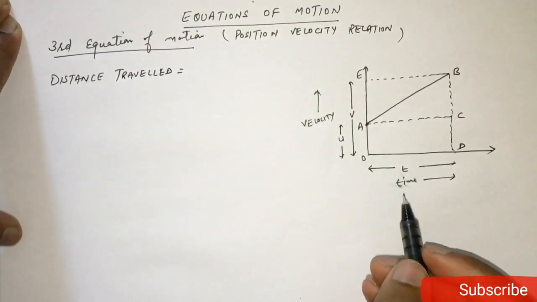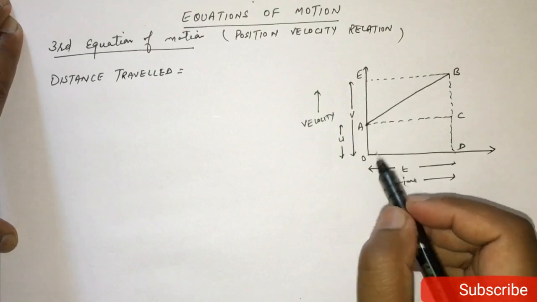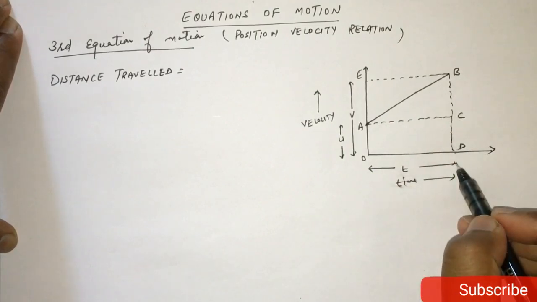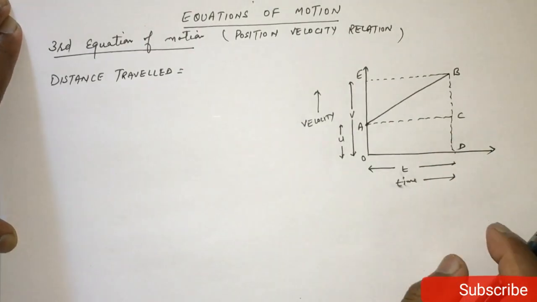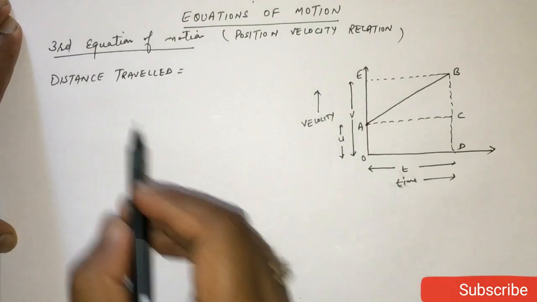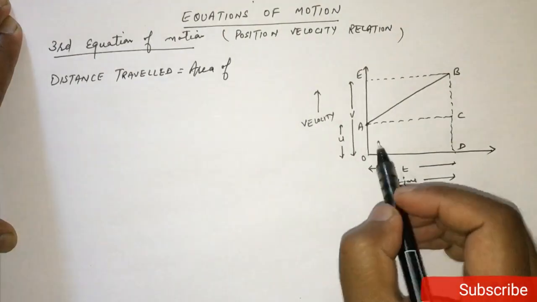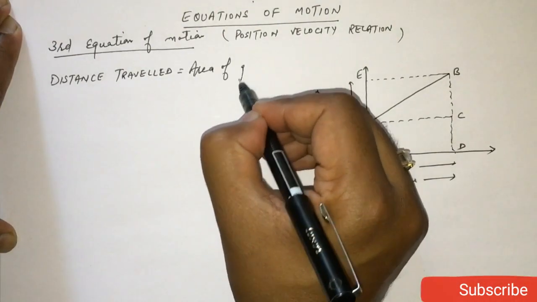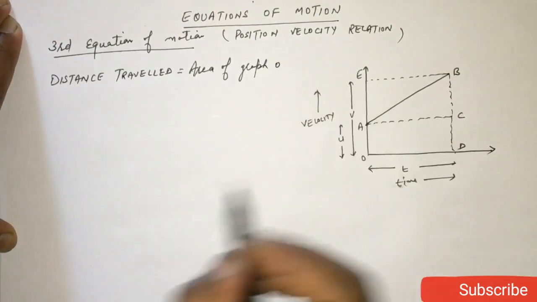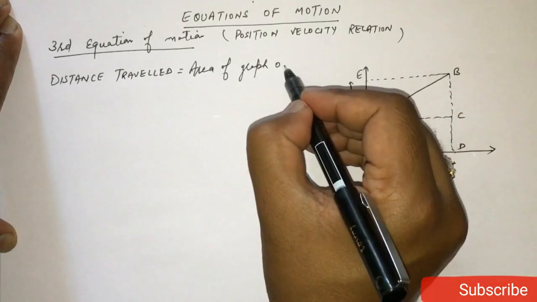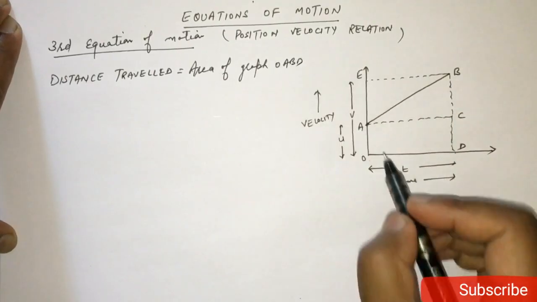So we know that distance traveled is equal to the area under the graph in a velocity-time graph. So distance traveled is the area of graph OABD. Now look at this structure.